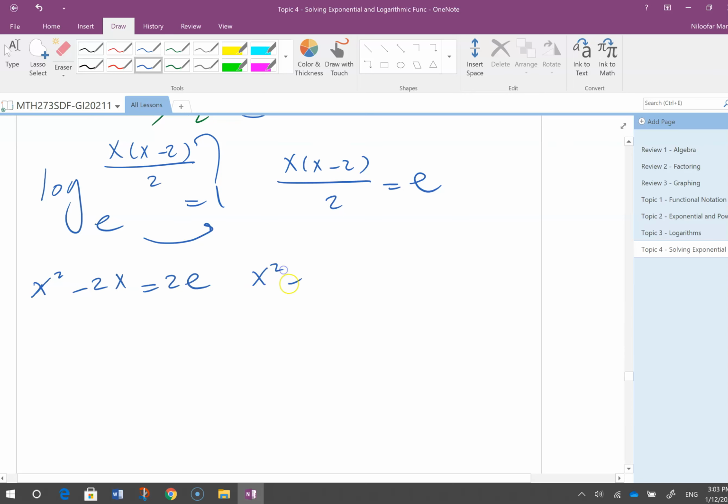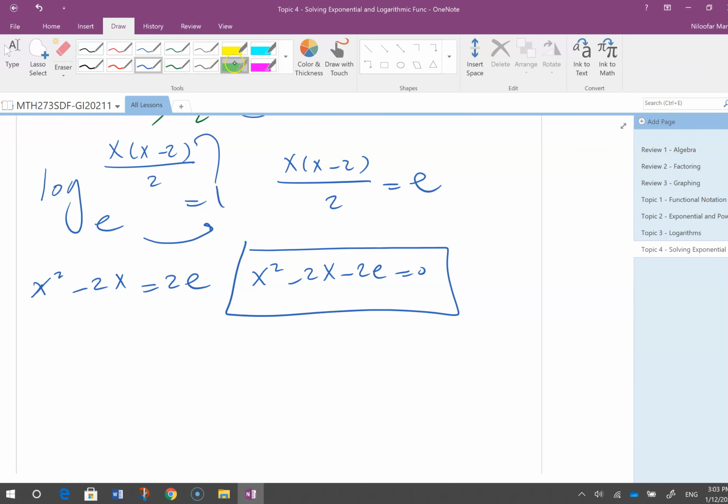This is x squared minus 2x minus 2e equals 0. See, this one is just Math 171. You are solving one quadratic using the formula, but you have e here. Doesn't matter. e means e to the power 1. e is a number, 2 point something. Use your calculator to see.